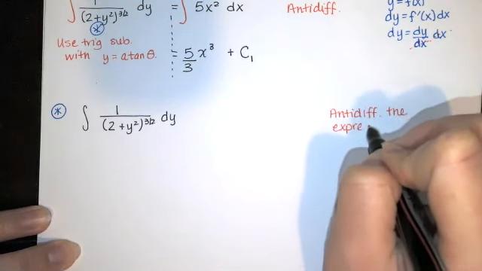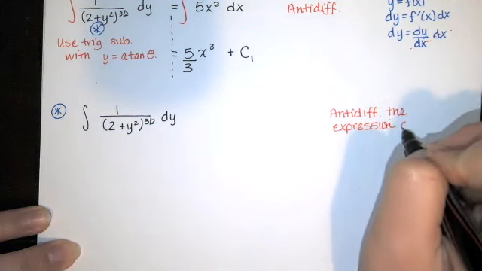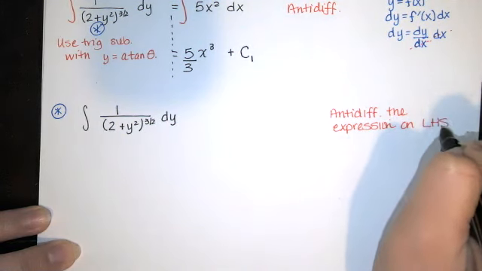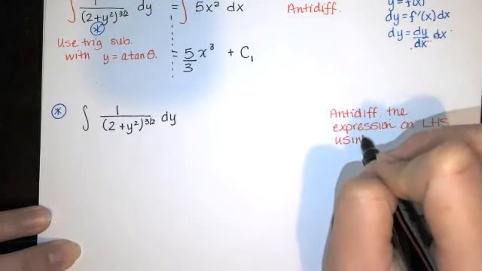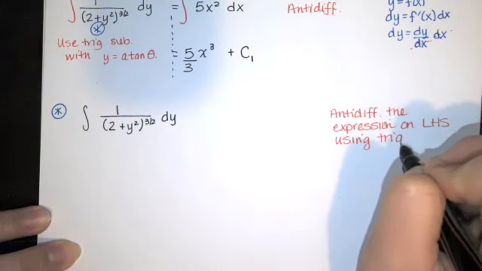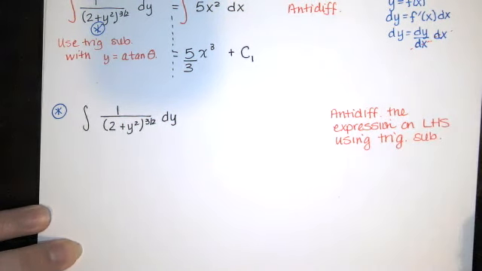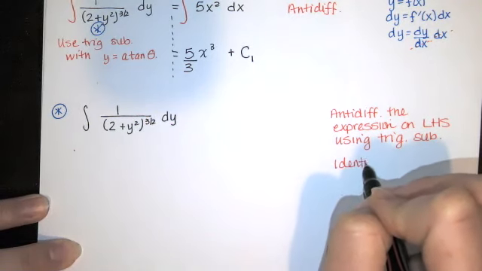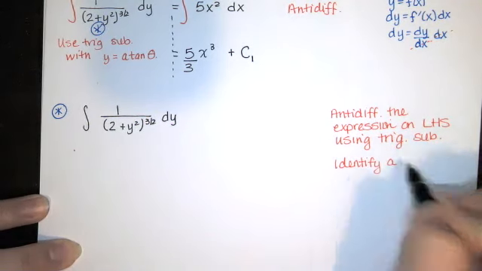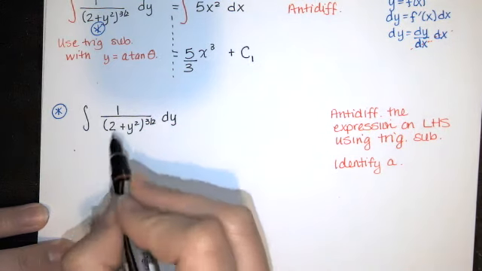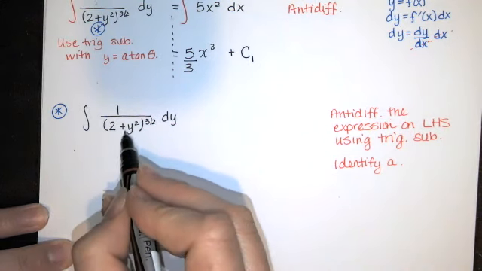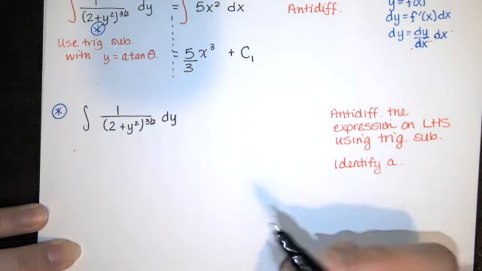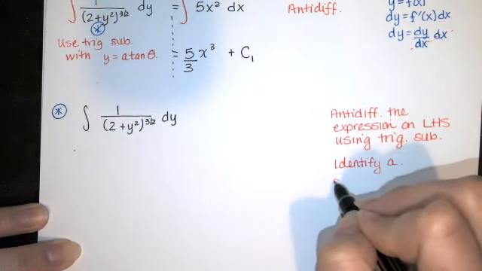So I'm going to say, let's anti-differentiate the expression on the left-hand side, LHS, using trigonometric substitution. And here we need to identify a. Since the integrand involves a variable squared plus a squared, we're going to make a tangent substitution.